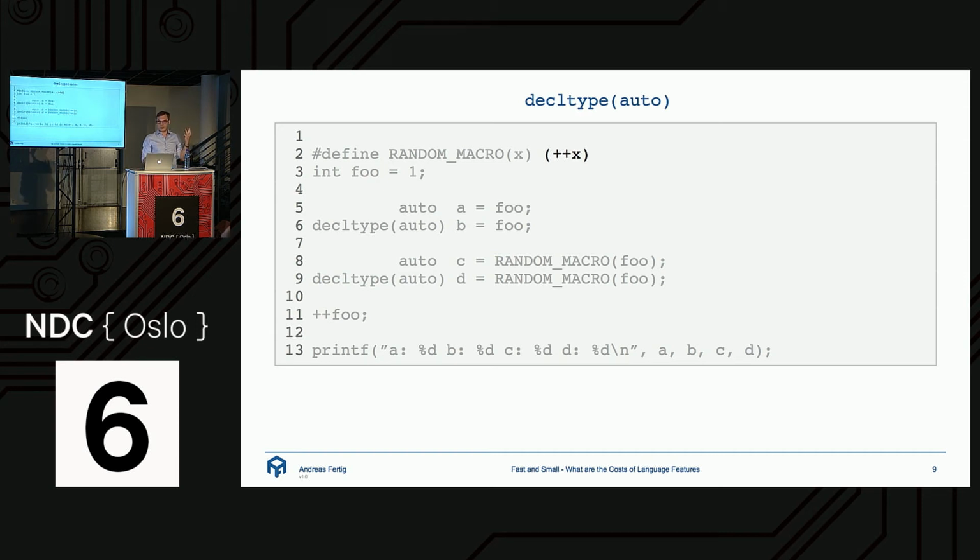We changed to the pre- instead of the post-increment. So I think everybody agrees that's 2 this time. And D, what's D this time?